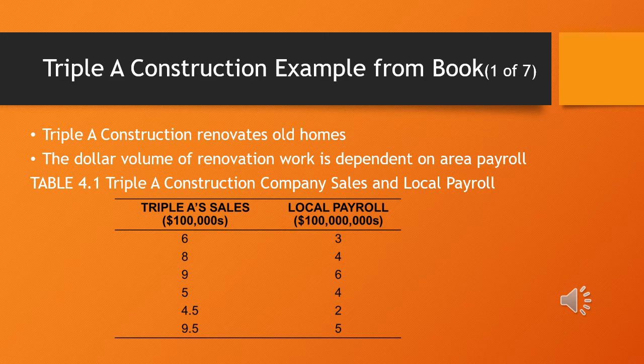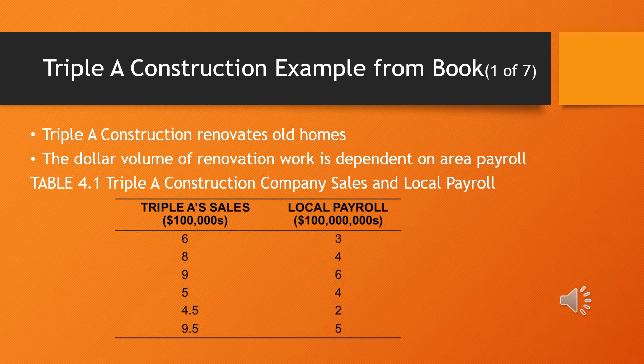So in our example, we saw in the book that the AAA Construction Company renovates homes, and over time the company has found that its dollar volume of renovation work is dependent on the area payroll, in our case the Albany area payroll.